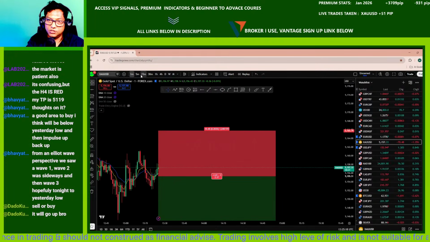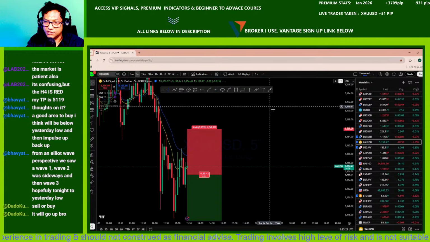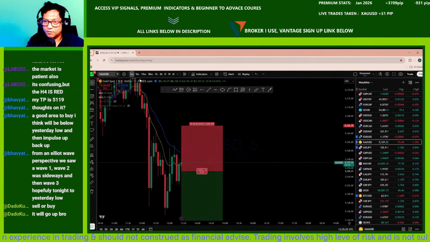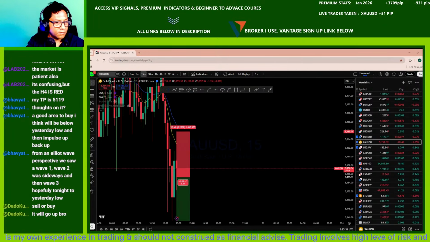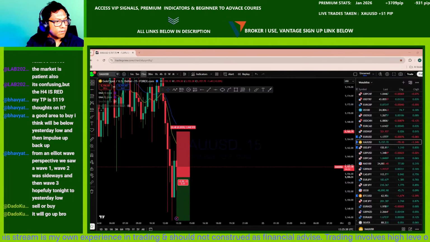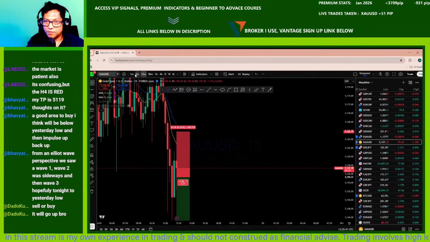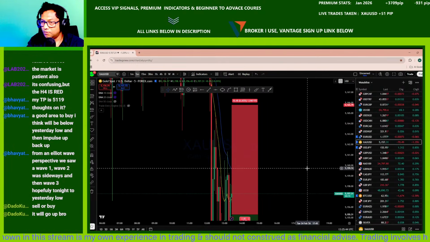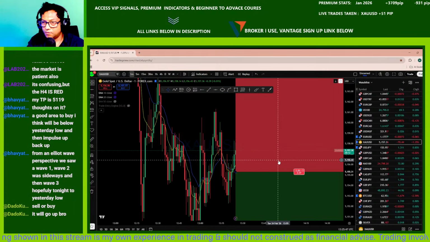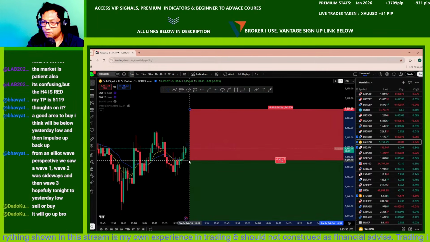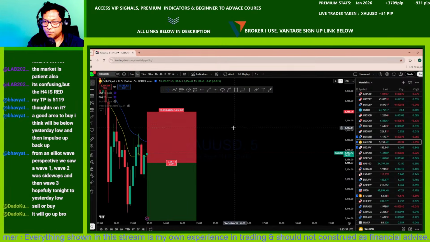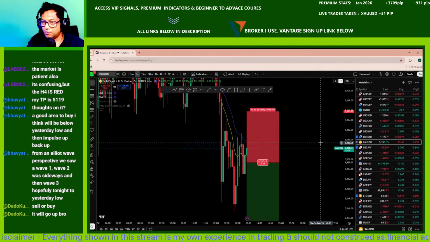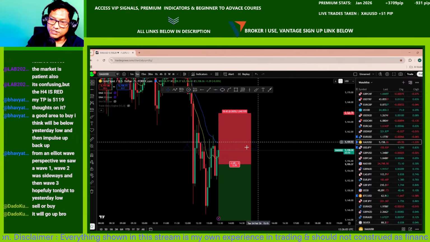Here is the market showing that price action that you can see, and it's now off this support.